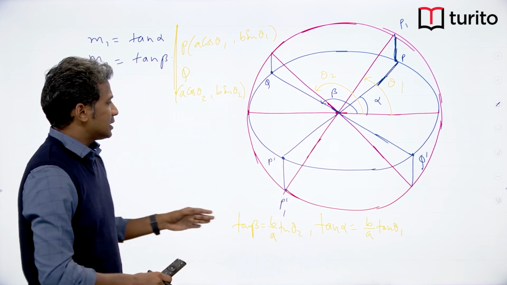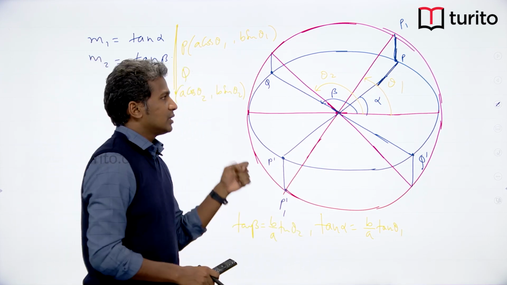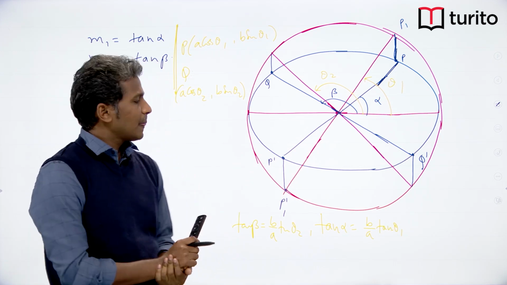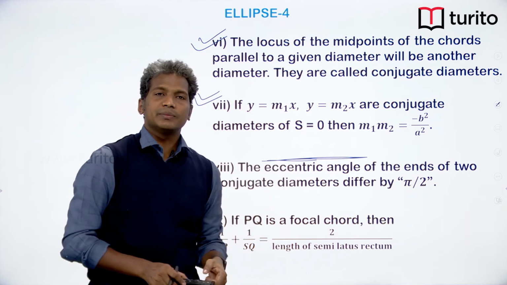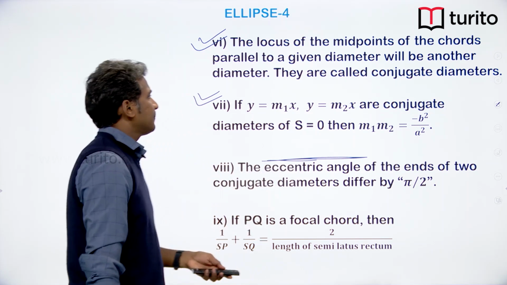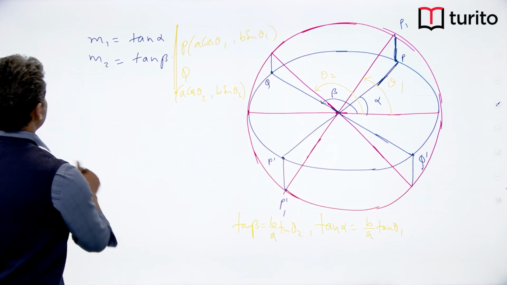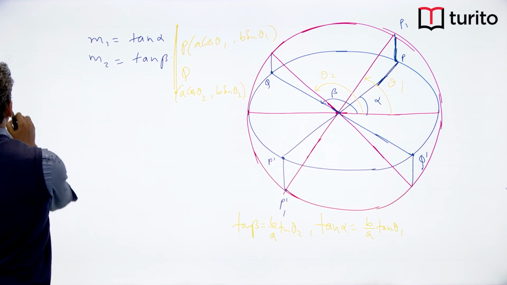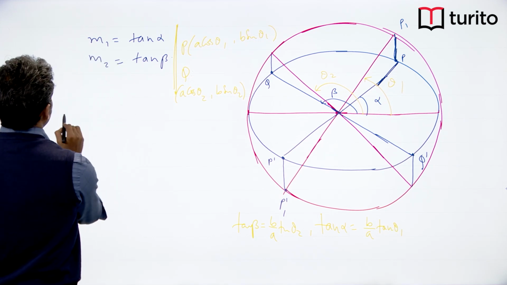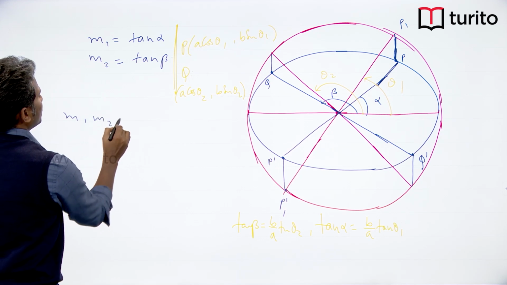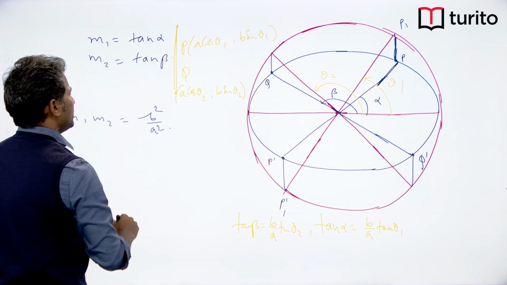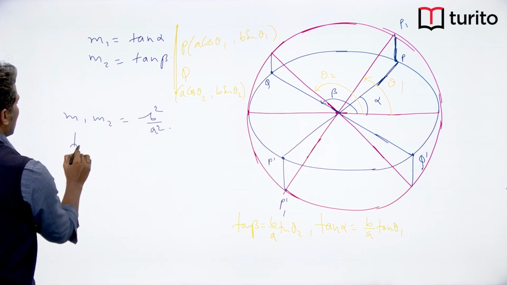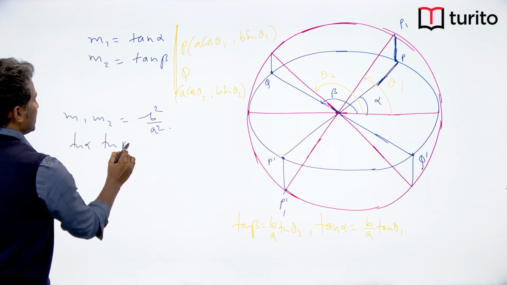We learned this in the second lecture where we understood the auxiliary circle. Now, for conjugate diameters, M1 into M2 must be equal to minus b square by a square. If I apply it here, what is M1? M1 is tan alpha, and M2 is tan beta.